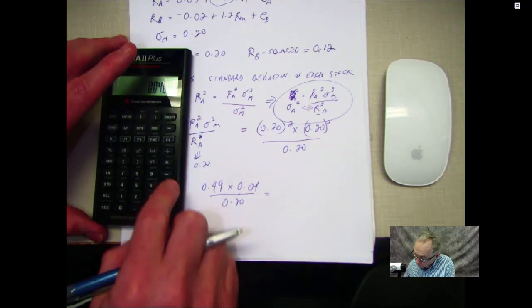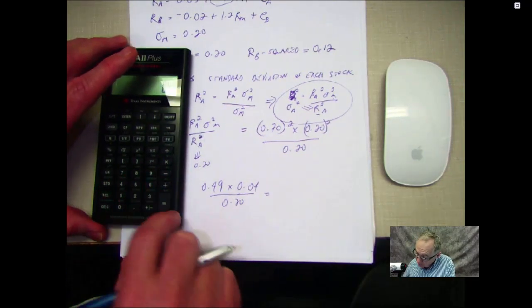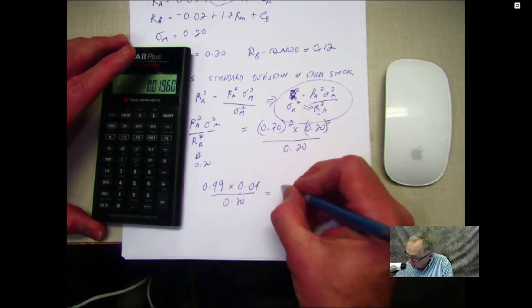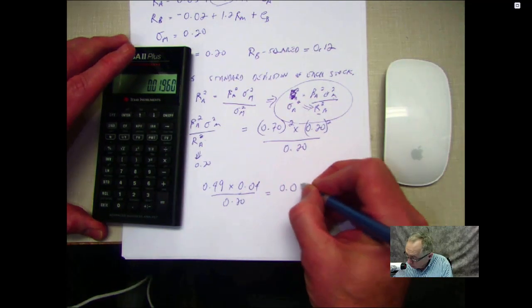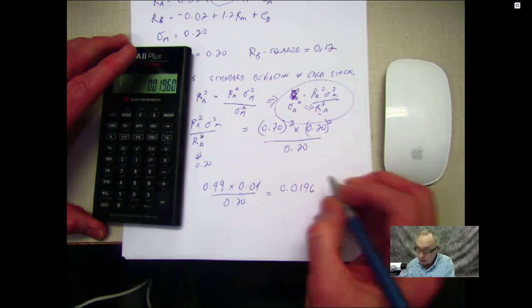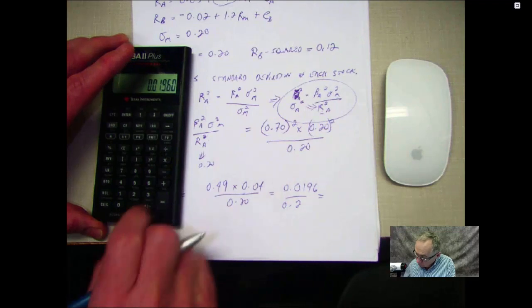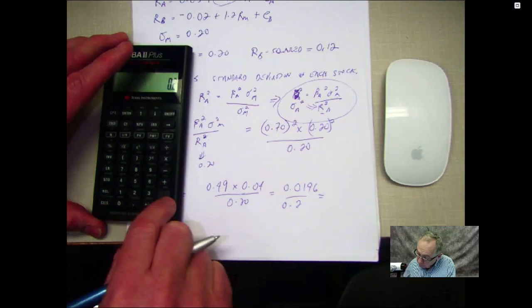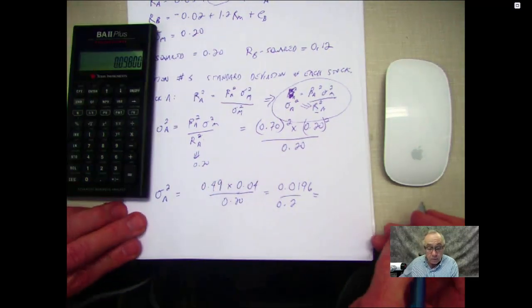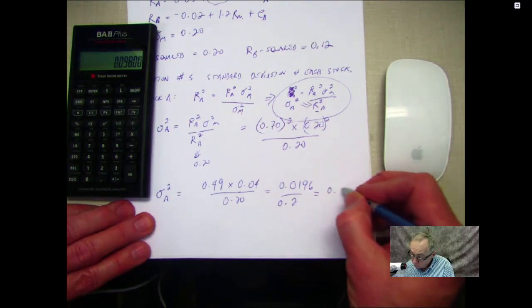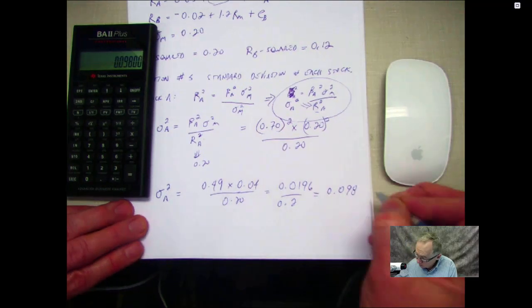And 0.04 times 0.49 gives us 0.0196 divided by 0.2 is 0.098.